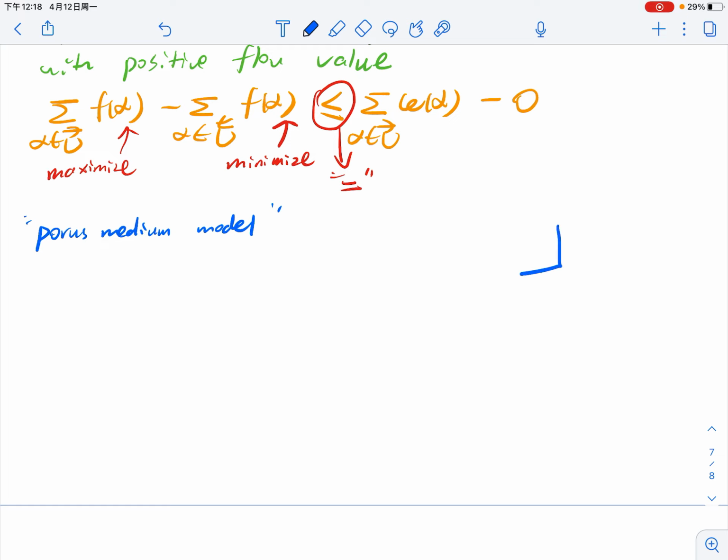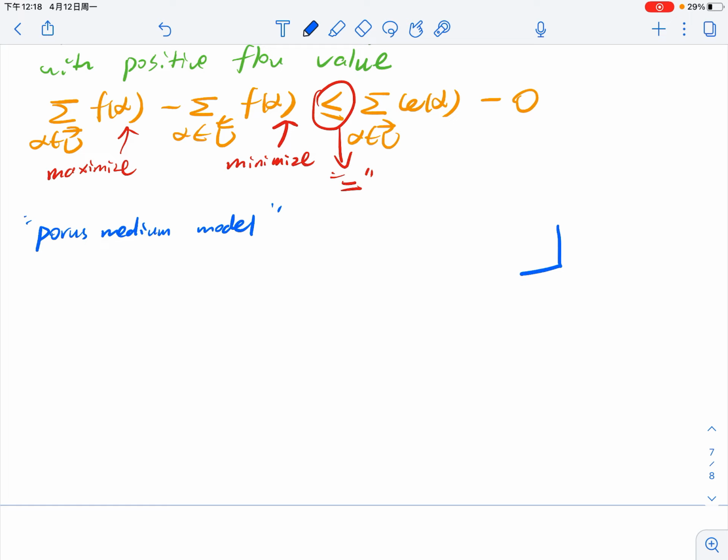And actually, there's a very active subfield at the boundary of mathematics, probability, statistics, and physics, which is called statistical mechanics with mathematical methods. They study the phase transition of some porous media models. In those models, there will be some parameters, for example, mu.